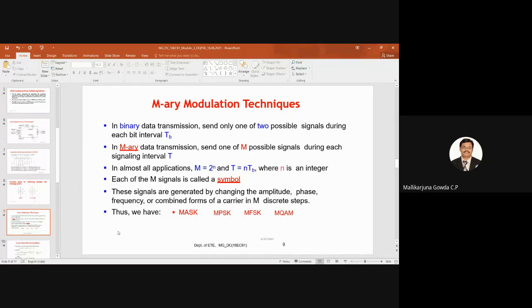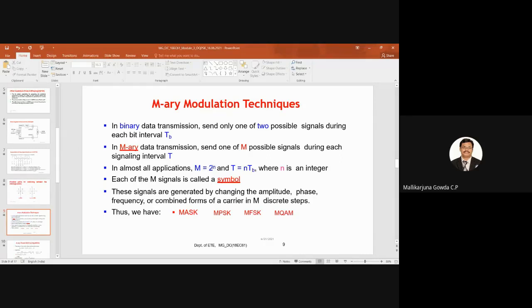In this, each of the M signals is known as a symbol. Means more than one bit, we call it a symbol. It may be 2 bits or 3 bits or 4 bits, together known as a symbol. If the value of small n is equal to 2, then how many possible signals we will get?